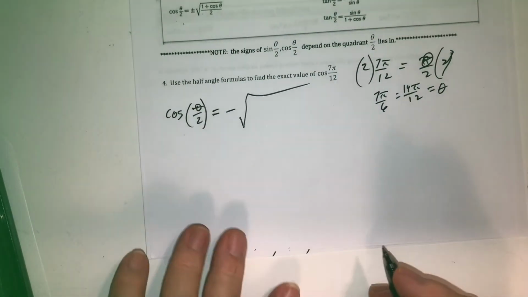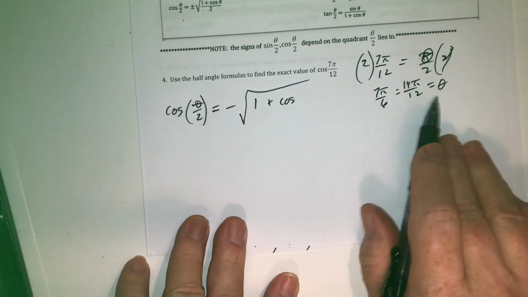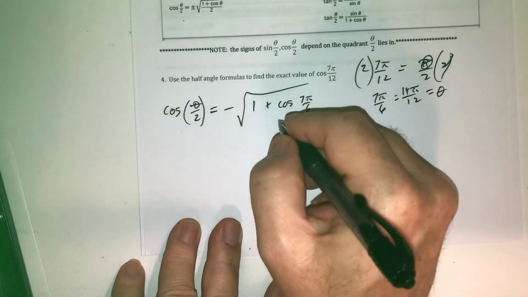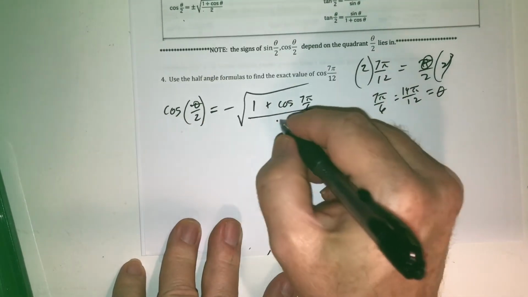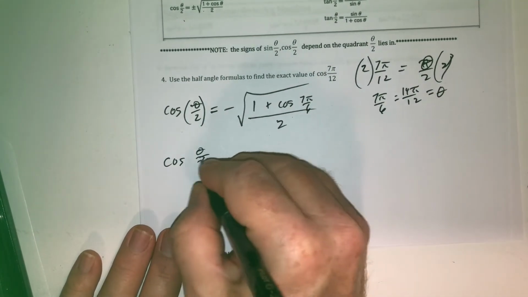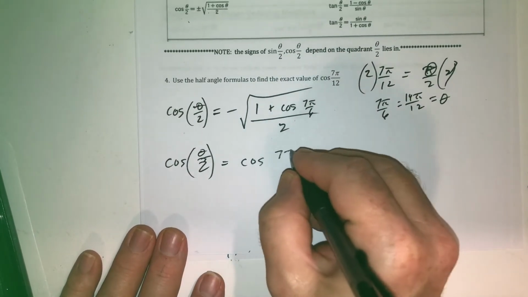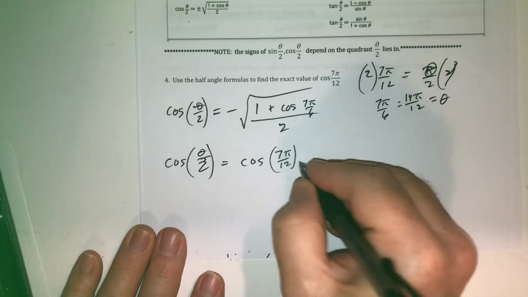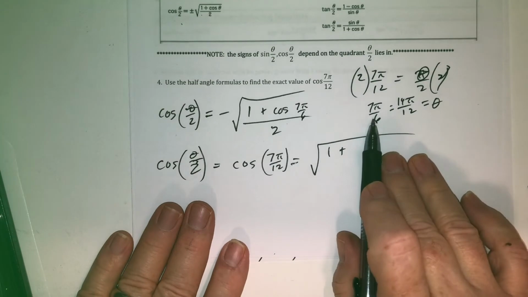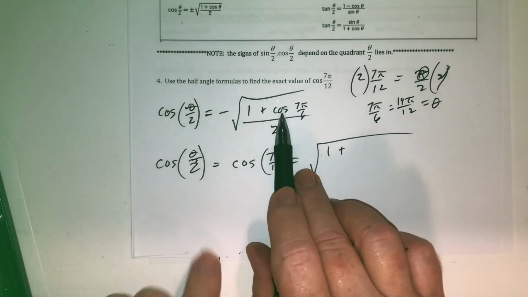The square root of 1 plus, we want the cosine of theta. Well, theta is 7 pi over 6, divided by 2. So the cosine of 7 pi over 12 is the negative square root of 1 plus, on the unit circle, what is the cosine of 7 pi over 6?